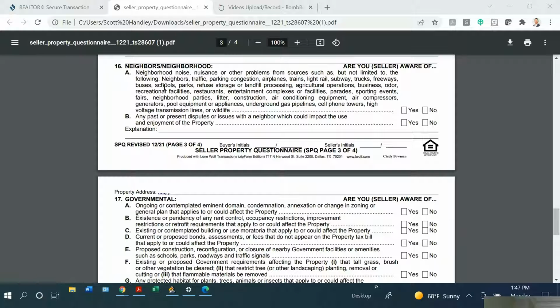And down to it here. Neighbors and neighborhoods: neighborhood noise, nuisance, or any other problems from sources such as, but not limited to, the following: neighbors, traffic, parking congestion, airplanes, trains, light rail, subway, trucks, freeway, buses, schools, parks, refuse storage or landfill processing, agricultural operations, businesses, odor, recreational facilities, restaurants, entertainment complexes, facilities, parades, sporting events, fairs, neighborhood parties, litter, construction, air conditioning equipment, air compressors, generators, pool equipment or appliances, underground gas pipelines, cell phone towers, high voltage transmission lines, or wildlife?